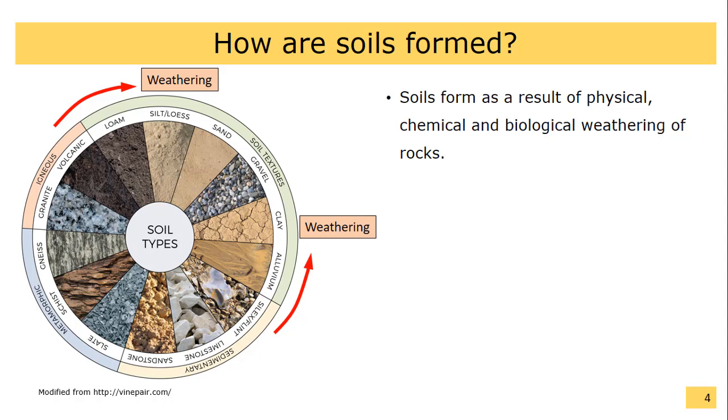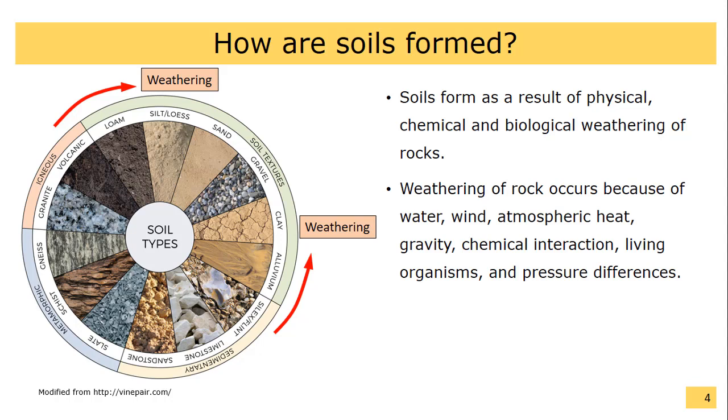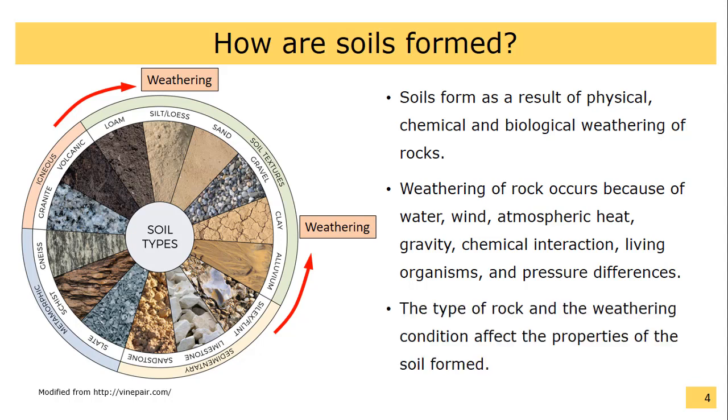In chemical weathering, minerals within rocks change in their chemical makeup when they react with water, air, or other chemicals. In biological weathering, organisms help speed up soil formation. The type of rock and weathering condition affect the properties of soil formed.